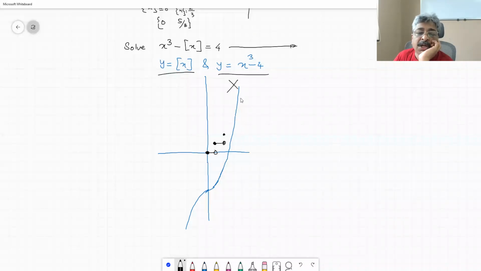This is not correct because unless and until you draw the graph to scale, you won't get the correct intersection of the greatest integer function with x cube minus 4.